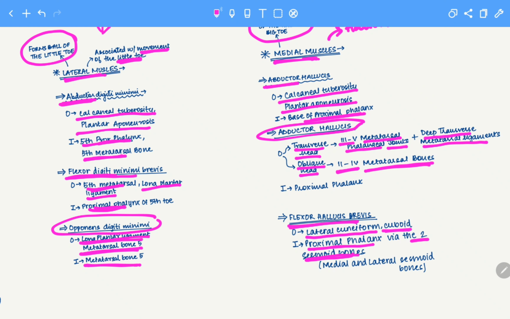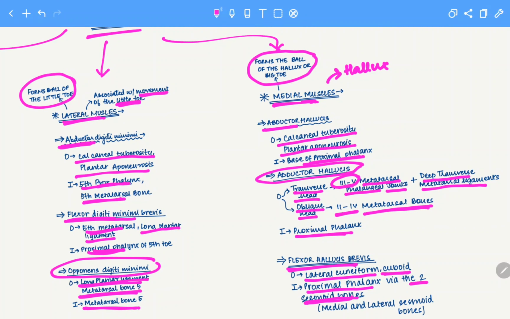The oblique head is only 2nd to 4th metatarsal bones, which is one less from both the upper and lower limit of the metatarsophalangeal joints, which is the origin site of the transverse head, and it will insert onto the proximal phalanx. So if you notice, all the muscles of the lateral and the medial group will insert onto the proximal phalanx except for the opponens digiti minimi, which always opposes just like in the upper limb, and it will insert on the metatarsal bone.